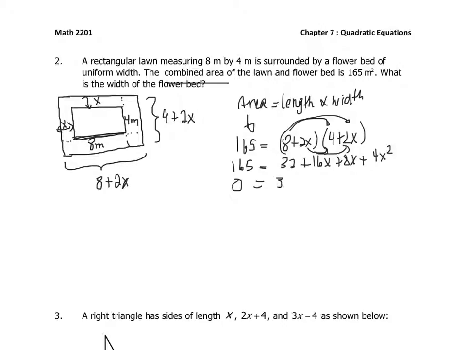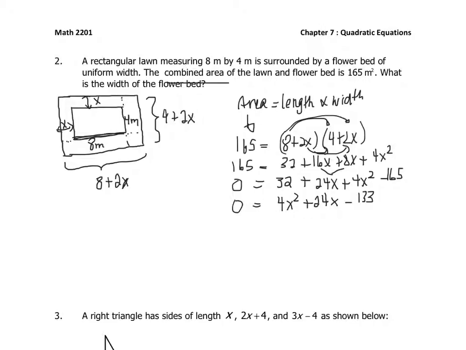So this is going to be 32 plus these two come together to give 24x, plus 4x squared, and then I'm going to bring that 165 over, so it's minus 165. So that would be 4x squared plus 24x minus 133. Check that. Sometimes I make mistakes. So that would be 133.